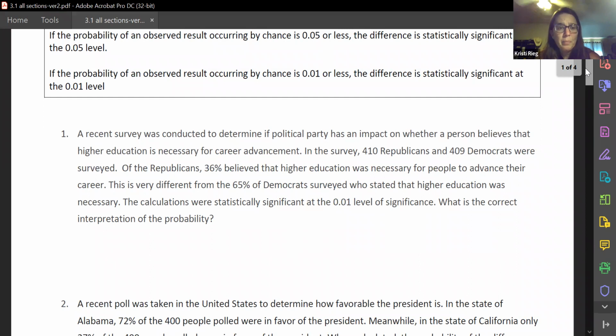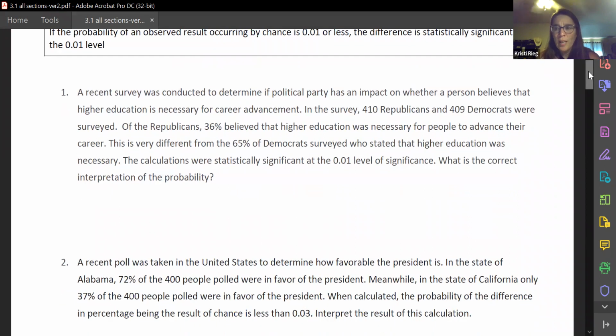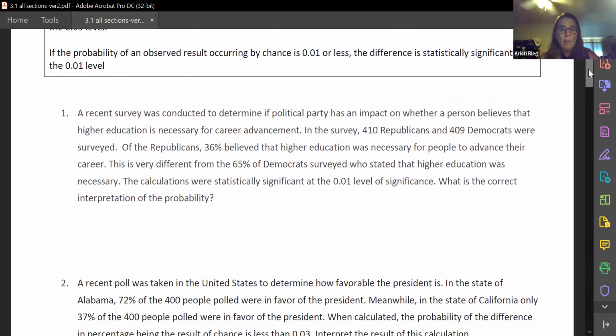it's driving me crazy. Okay, so the first one, again, hopefully you've already read through this, but it's talking about a survey to determine if the political party has an impact on whether a person believes that higher education is necessary for career advancement. It tells you who was surveyed, how much, and it talks about the Republicans and the Democrats and all their results.